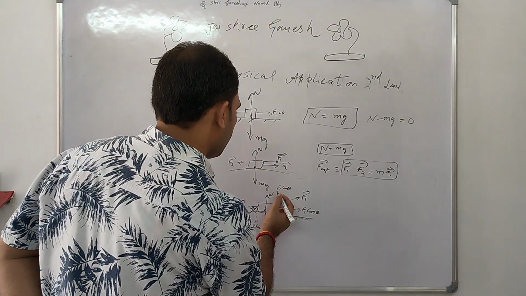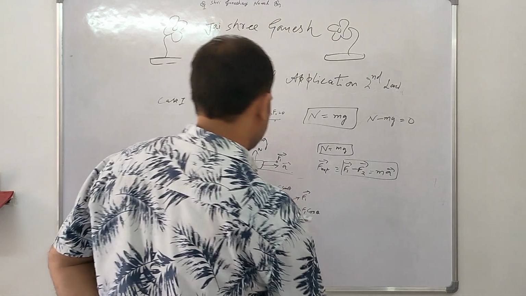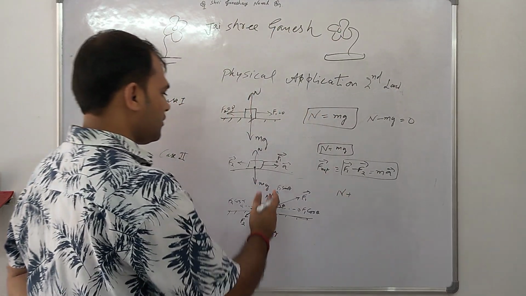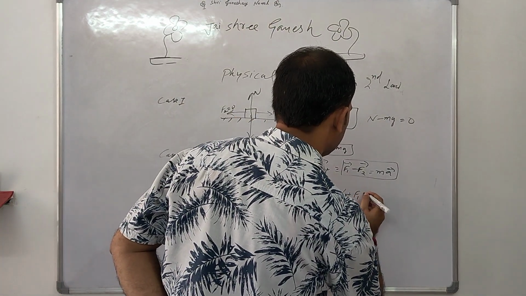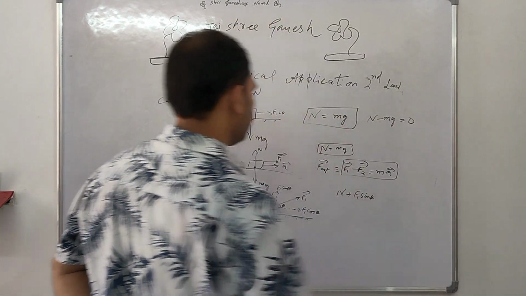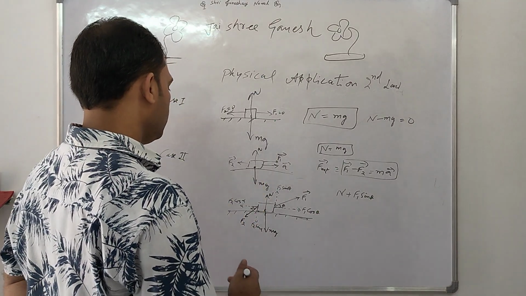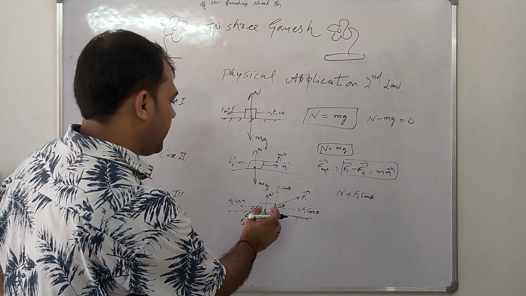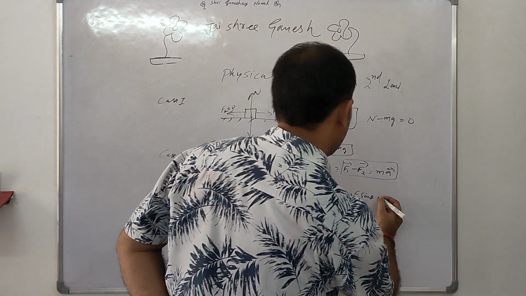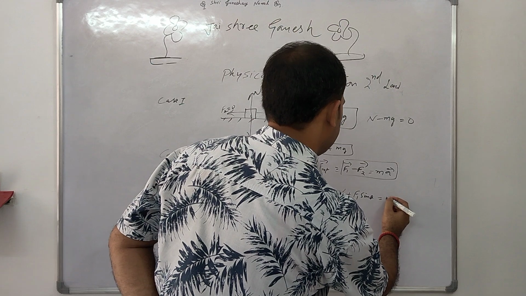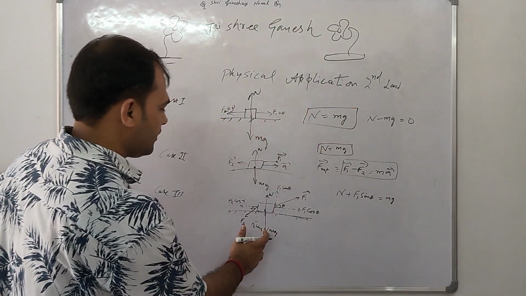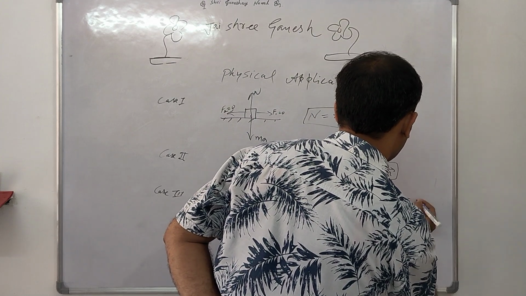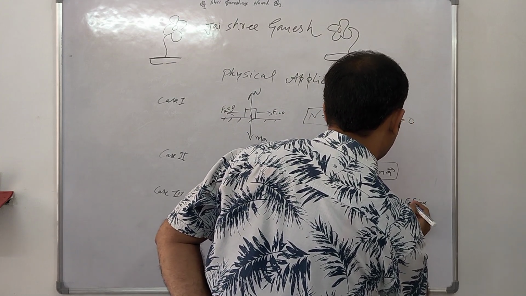So upward direction N plus F1 sin theta will be equated by vertically downward mg and this F2 sin alpha.